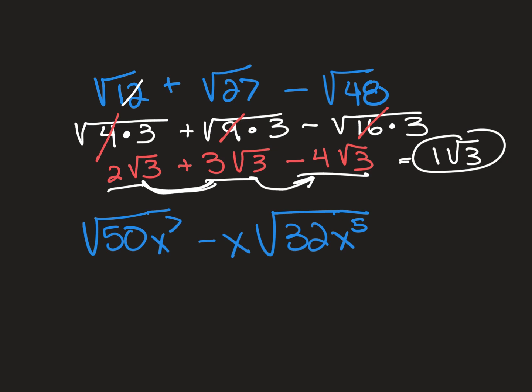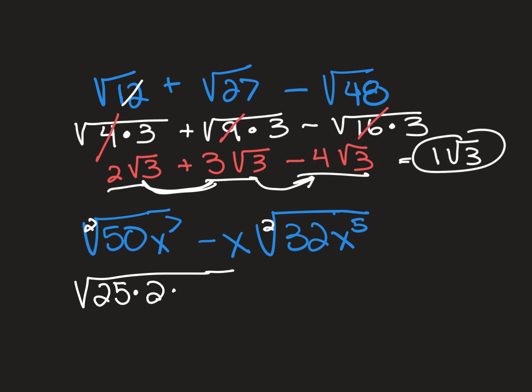Sometimes it's not just the number that you have to simplify, but it's also the variable with exponents. For example, my index here is a 2, right? When it's invisible, I know that it's a 2. So 50 is going to get broken up into 25 times 2.